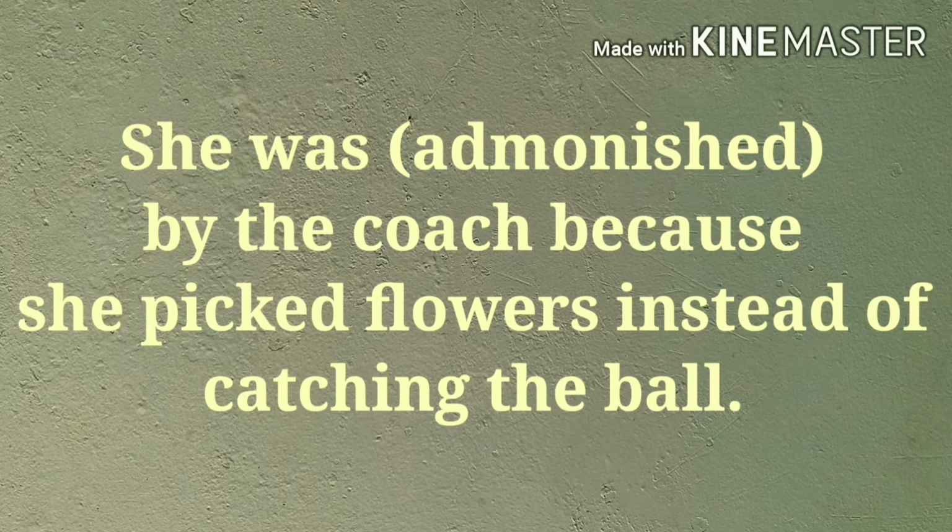Okay, so the unfamiliar word is admonished, and the explanation is she picked the flowers instead of catching the ball. So that means admonished is to reprimand, or she was reprimanded.